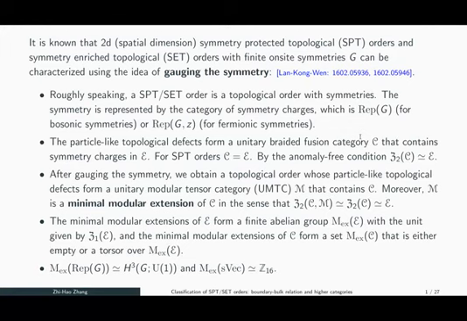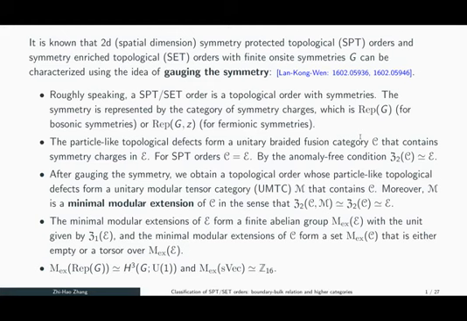So may I have a question? For the fermionic symmetry, the Rep GZ2f, the Z2 is the fermion parity. Fermion parity. Yes, it's the fermion parity. I have a question. Your fourth point, the condition about either empty or a torsor.